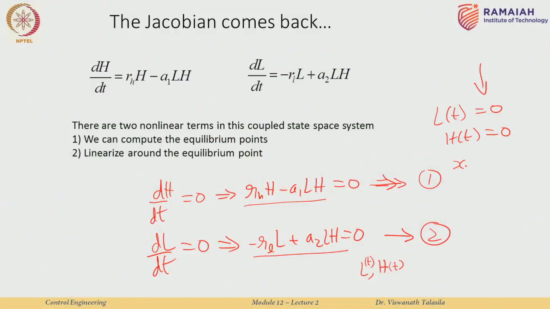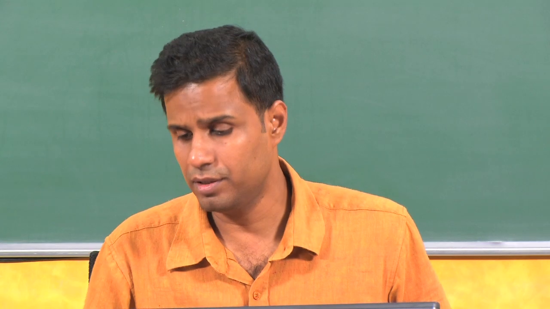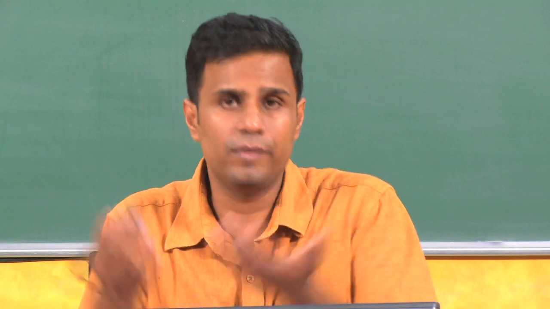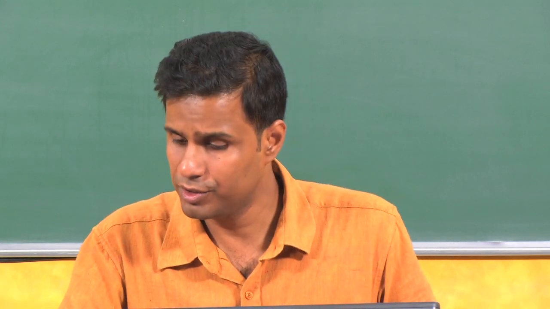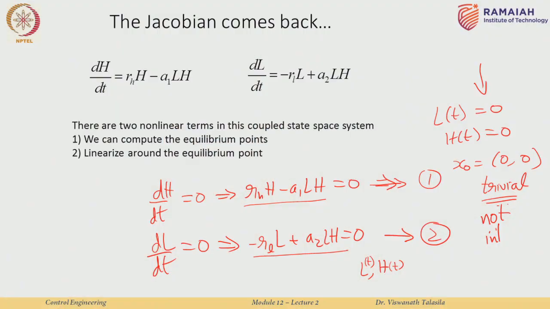Now, the equilibrium point x naught is 0 comma 0. This is the trivial equilibrium point. It is not very interesting, because it says that you start off with 0 tigers, 0 deers in the jungle, and of course, your dynamics will always remain at 0.